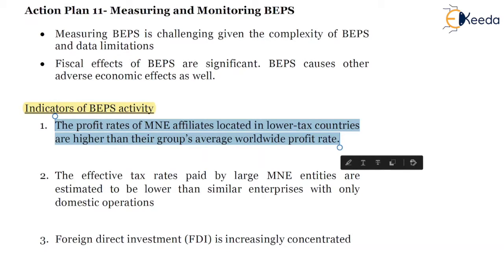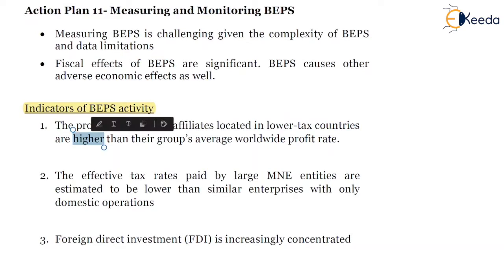Accordingly, profit is shown at a higher rate for such an entity where there is nil tax rate or lower tax rate. This could be one of the indicators of BEPS. So friends, profit rates of a tax haven entity are higher than the group's average worldwide profit rate.